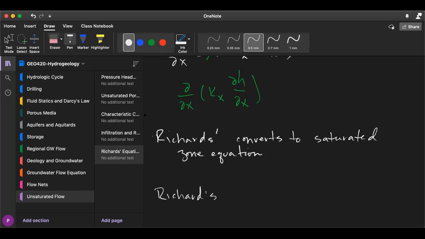Oh, I put the apostrophe on the wrong side. This is very important. Reviewers will get after you if you don't put your apostrophe on the right side when you write Richards equation.